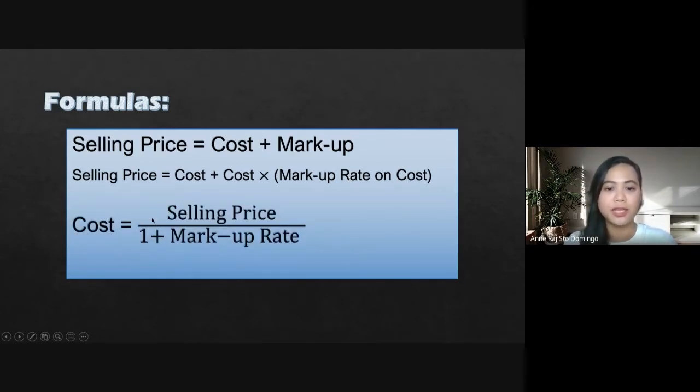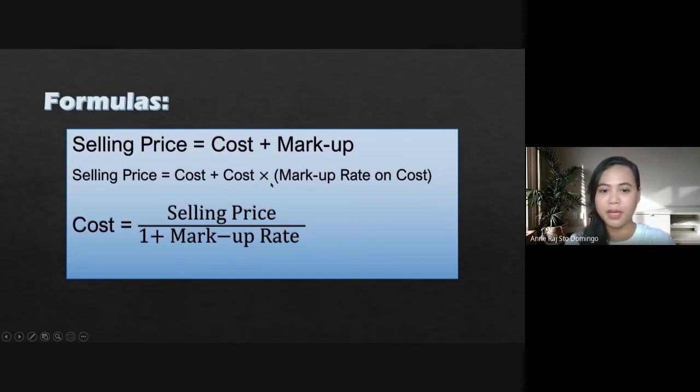The cost is not given if only rates are given. So we just manipulate this equation. We'll have cost equals selling price divided by 1 plus markup rate on cost.